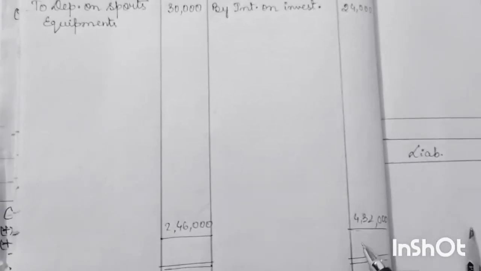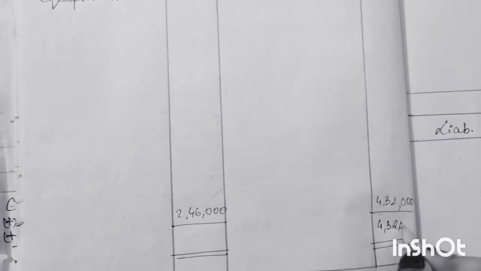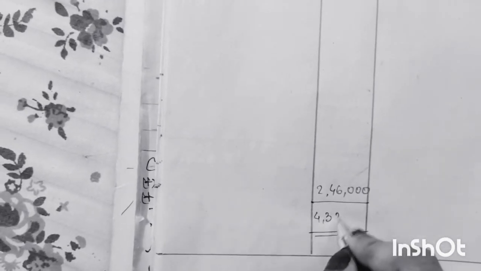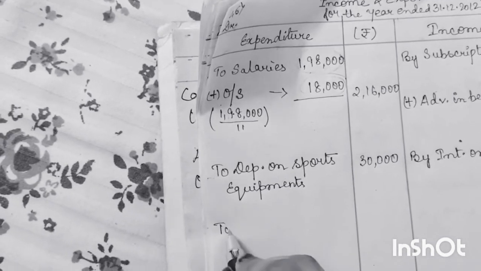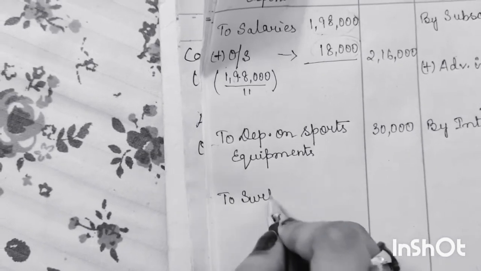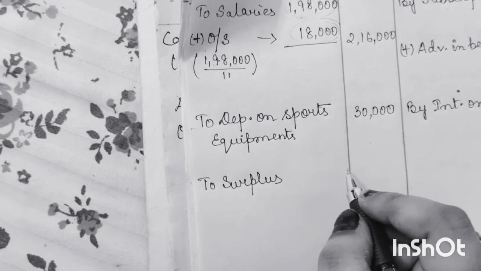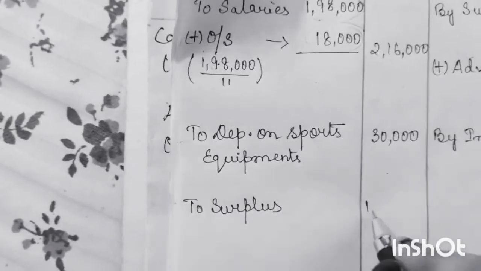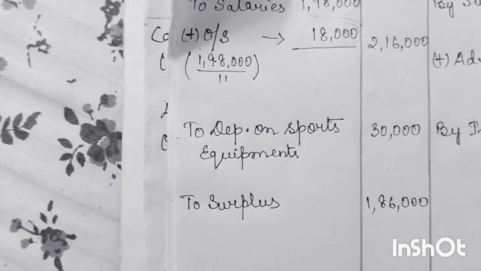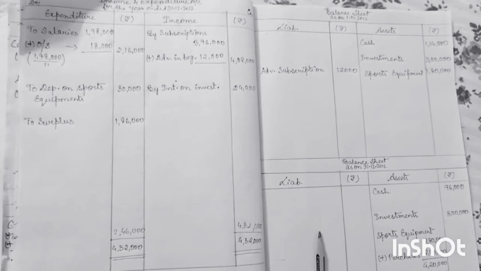So we will write this total, 4,32,000, on the income side and also on the expenditure side. If the income side is greater, that means there is a surplus. So to surplus, if we deduct 2,46,000 from 4,32,000, we will get 1,86,000. So our surplus is 1,86,000.